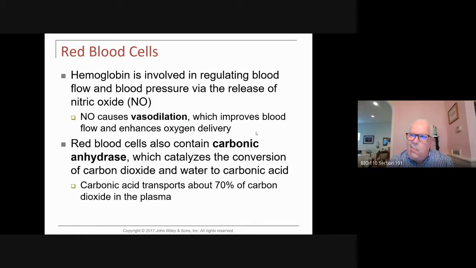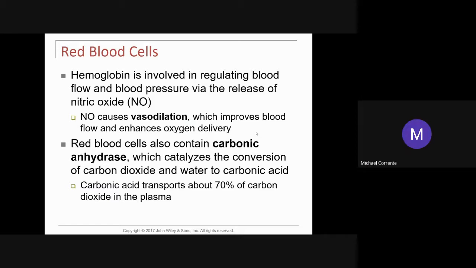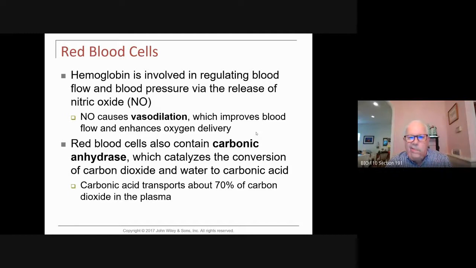Does anybody know what nitric oxide really does? Anyone ever hear of Viagra? No, you're all dead, right? What is Viagra used for? Viagra is used for erectile dysfunction.